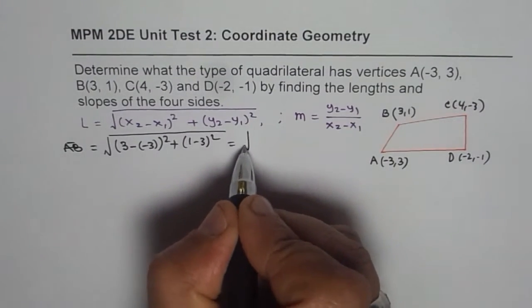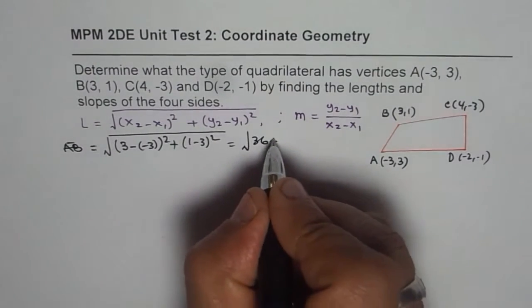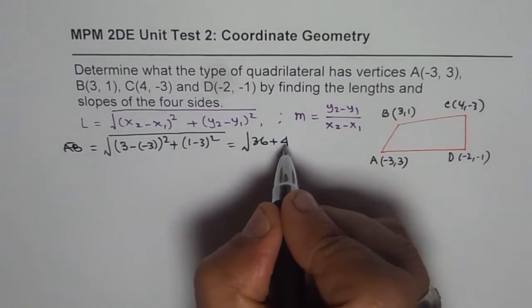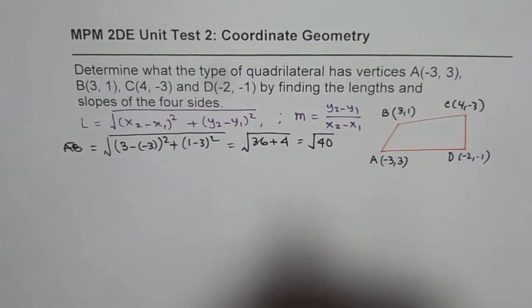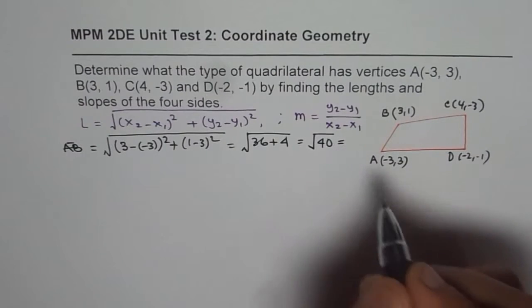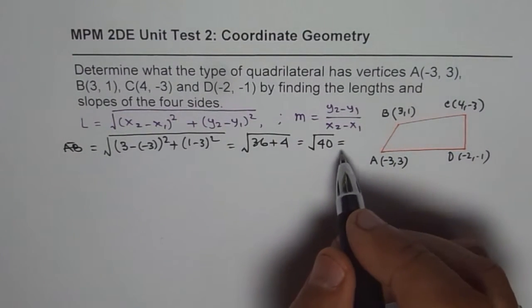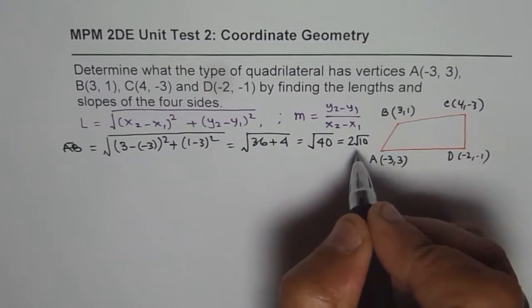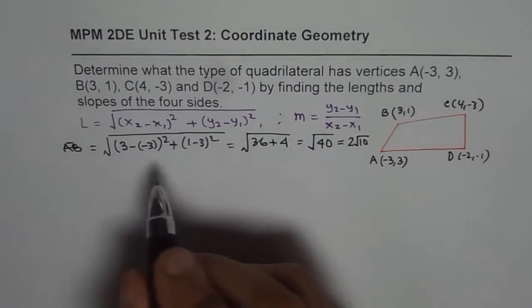That gives us the square root of 6 squared, which is 36, plus 2 squared, which is 4, so that is indeed the square root of 40. 40 could be written as 4 times 10, or you could say 2 square root 10. So that is one way of writing the answer. Then find the other sides using the same formula.